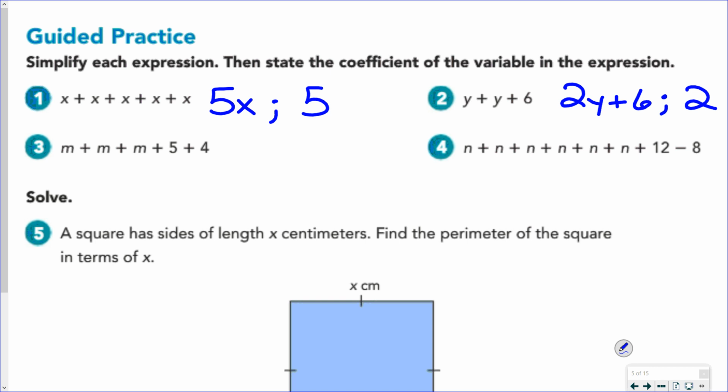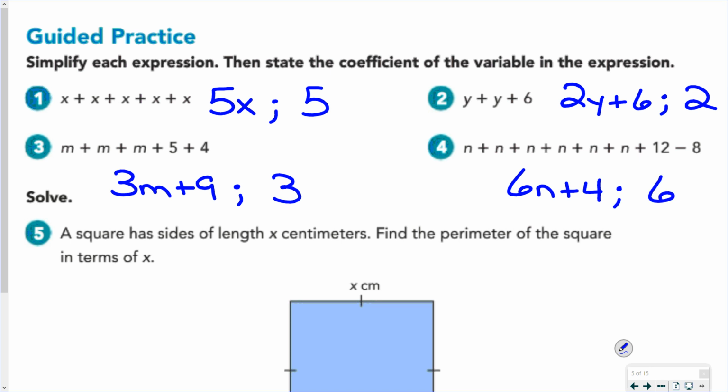For number 3, our simplified expression would be 3m plus 9 with a coefficient of 3. And then our final one here, our simplified expression would be 6n plus 4 with a coefficient of 6.